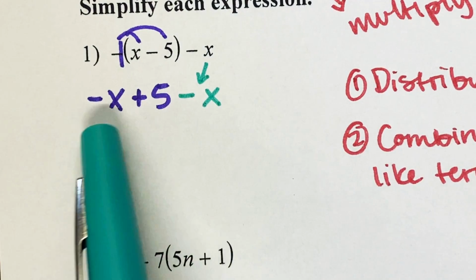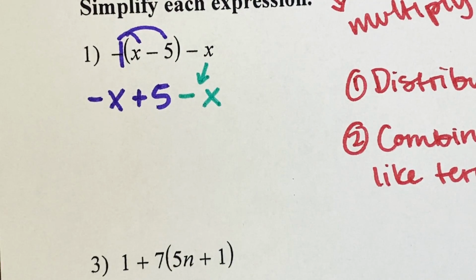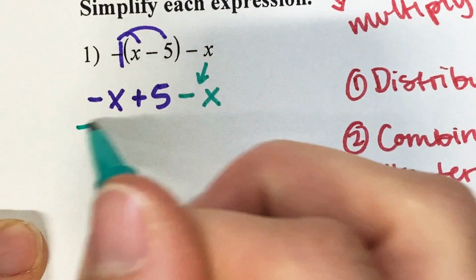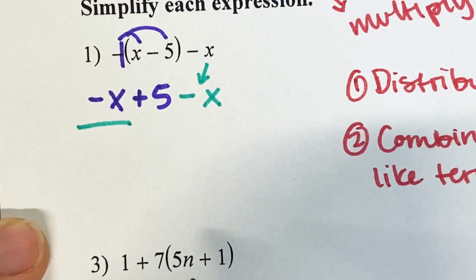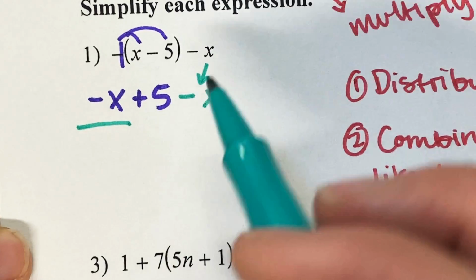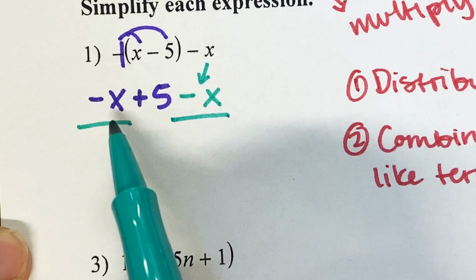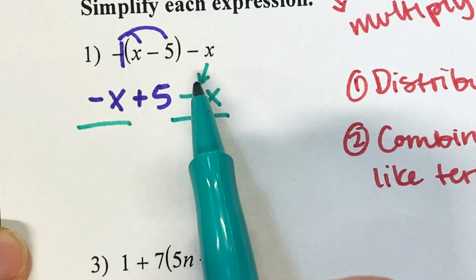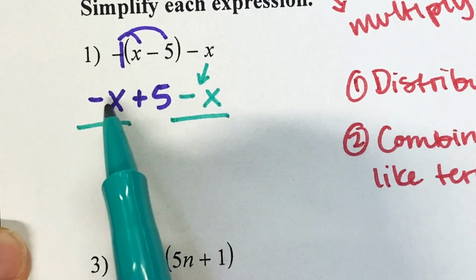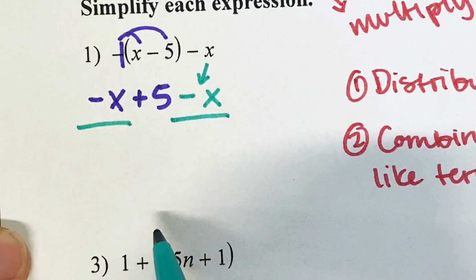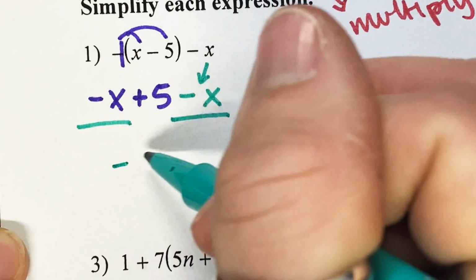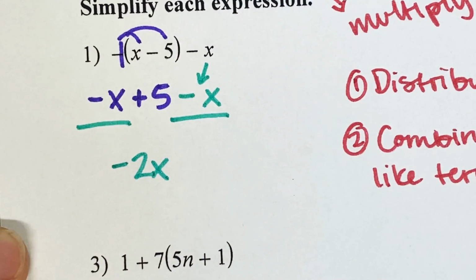Now, what are my like terms? I have a -x, so I'm looking for another x. Where's my other x? Right here, right? So I have -1x, and I'm taking 1 more x away. What is -1 minus 1? That's going to give me -2x.